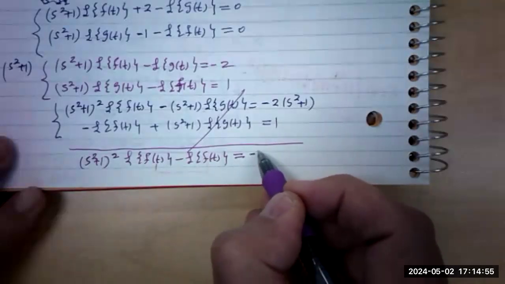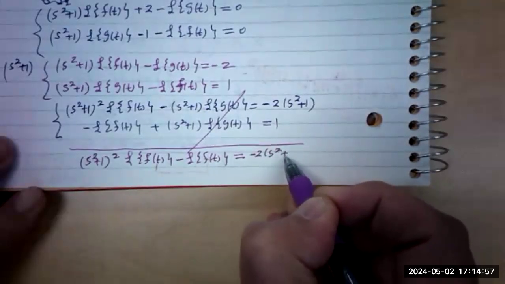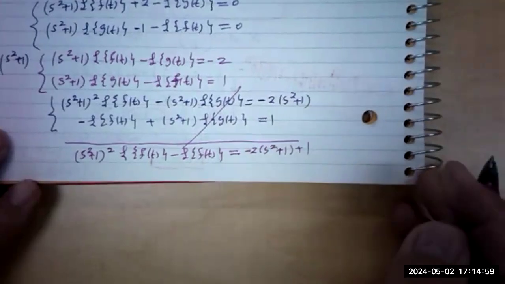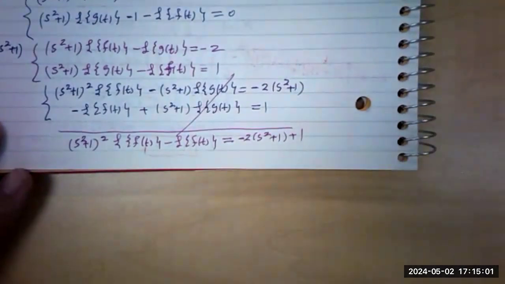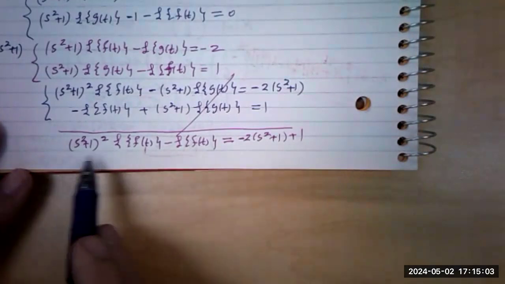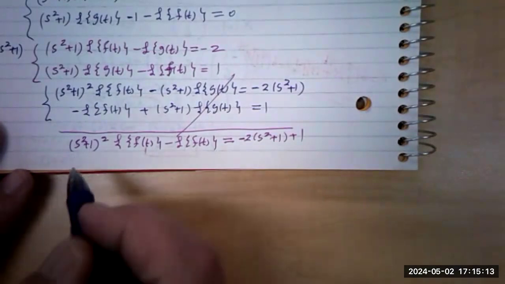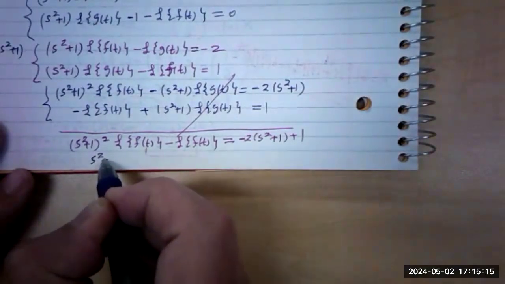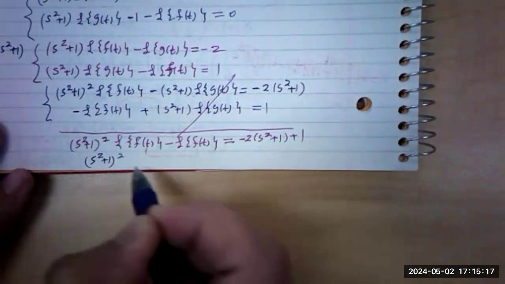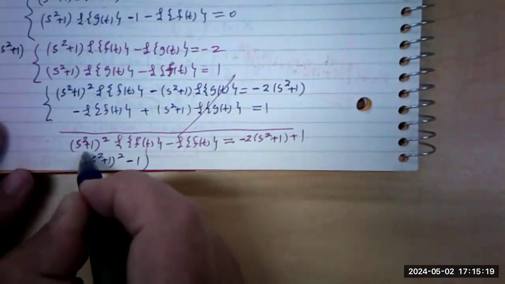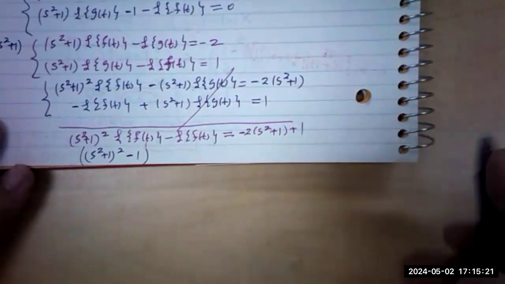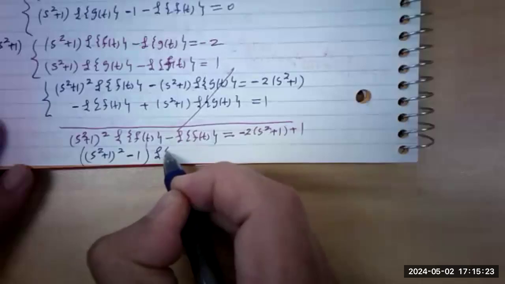So that gives me negative 2 times s squared plus 1, plus 1. Combine the like terms here, find the Laplace of f of t. So you're factoring out, and then you simplify it. If you factor out, this gives you s squared plus 1 whole squared minus 1. This would be the coefficient of the Laplace of f of t.